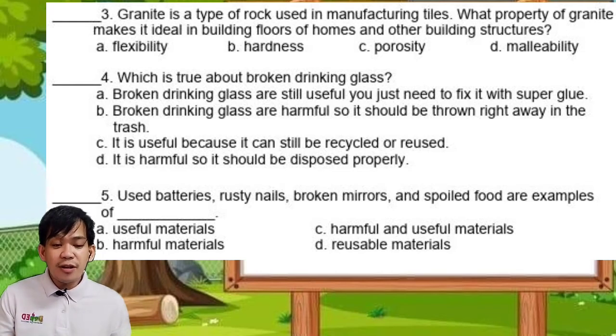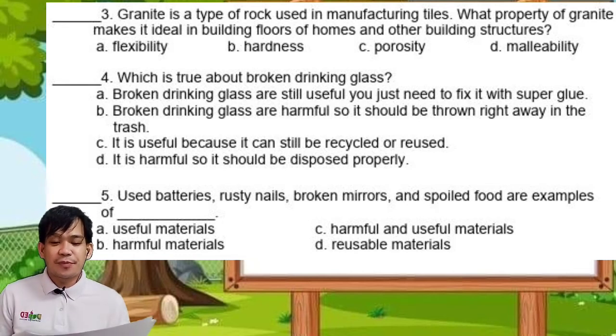So, what physical characteristic ang mayroon ng granite? Is it A, flexibility, B, hardness, C, porosity, or D, malleability? So, pili kayo dyan ng characteristic ng granite. Okay? Write the correct letter on the blank.